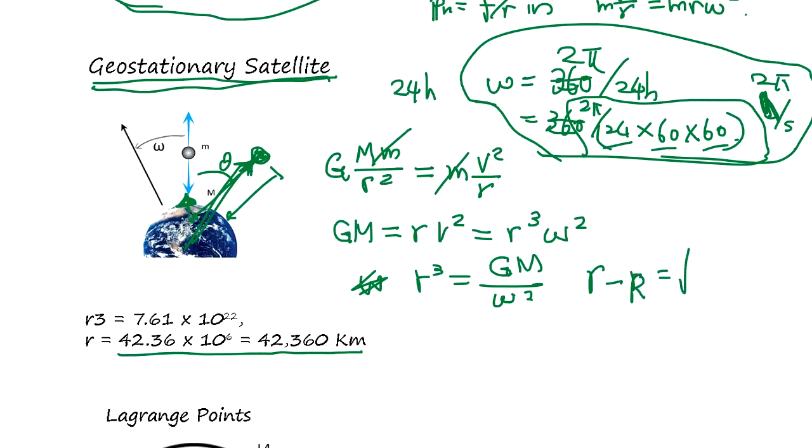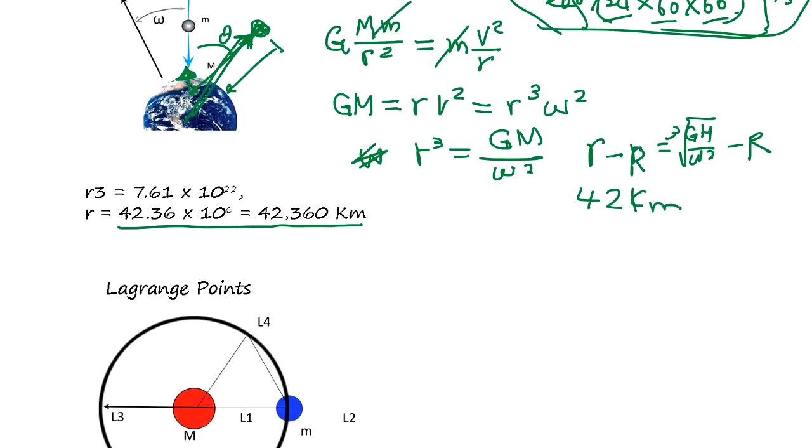It's going to be, okay, and that's about 42 thousand kilometers above. It's pretty high. So that's the way we calculate the satellite height of a geostationary satellite.